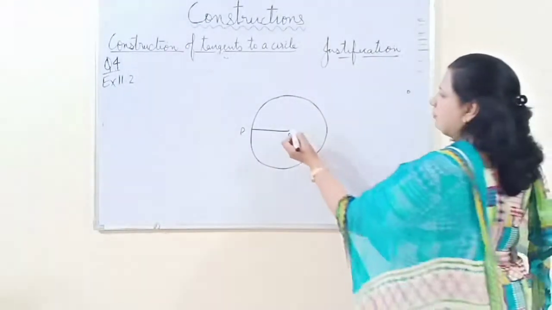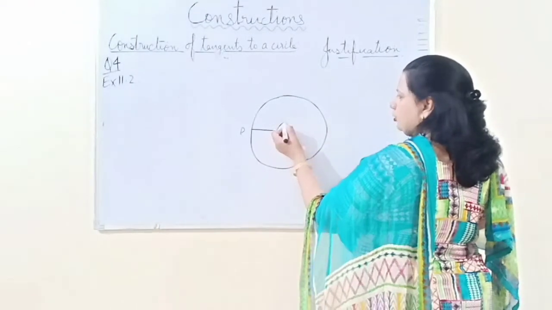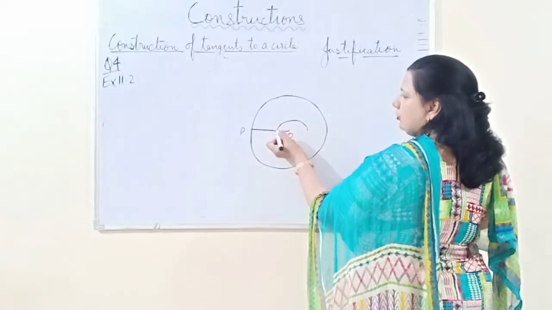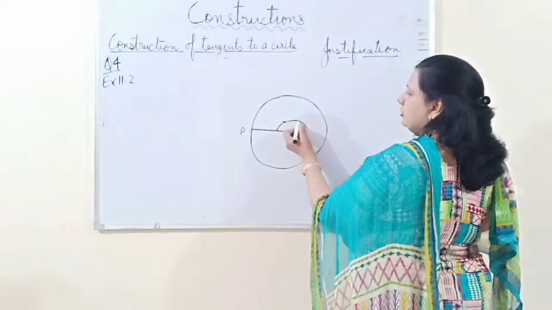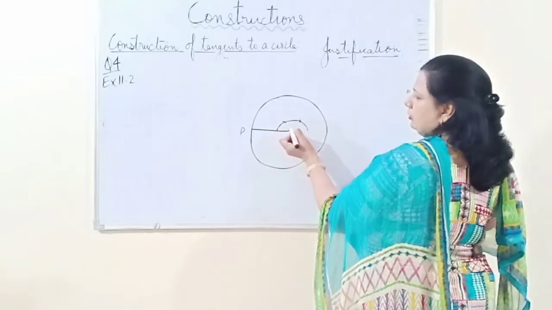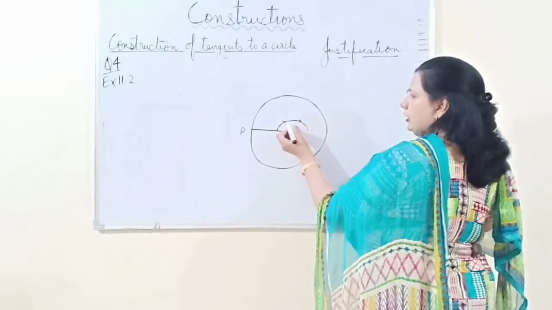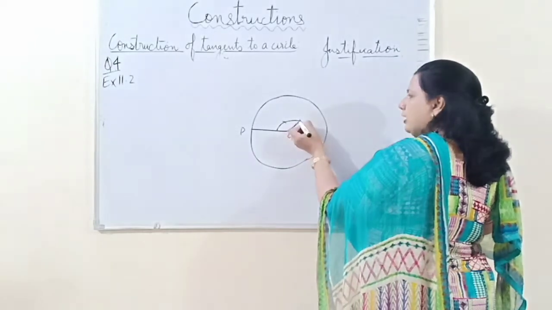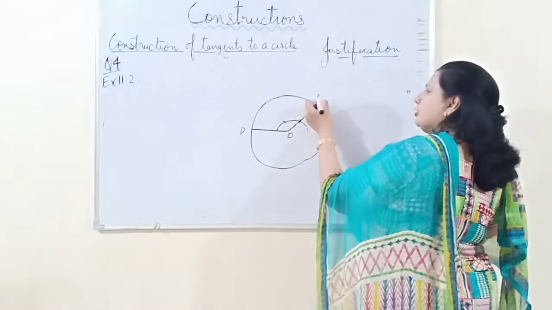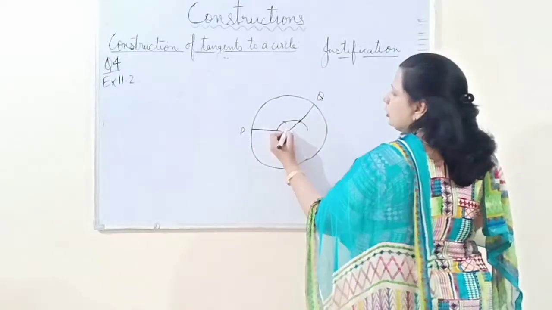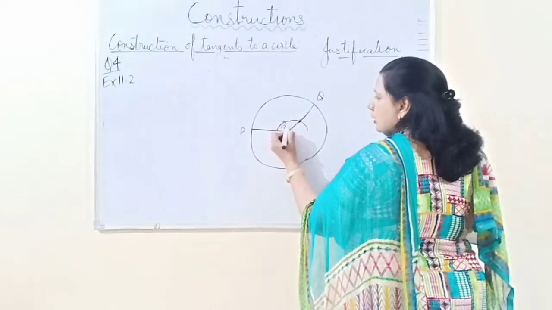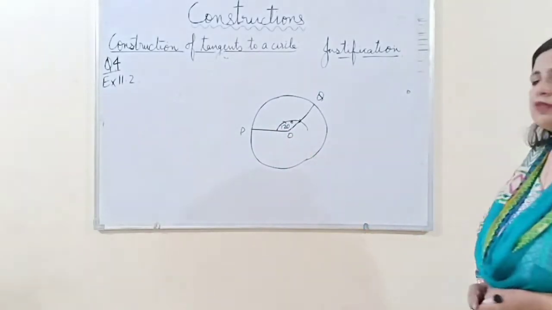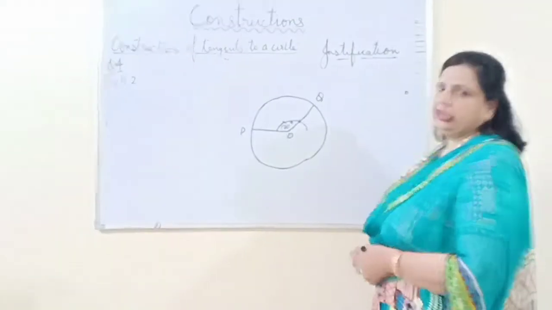With the help of compass, with O as center, draw an arc, and with the same radius mark arcs here. Now join O to this second arc and extend it. So you'll get a point Q at an angle of 120 degrees, such that POQ is 120 degree.